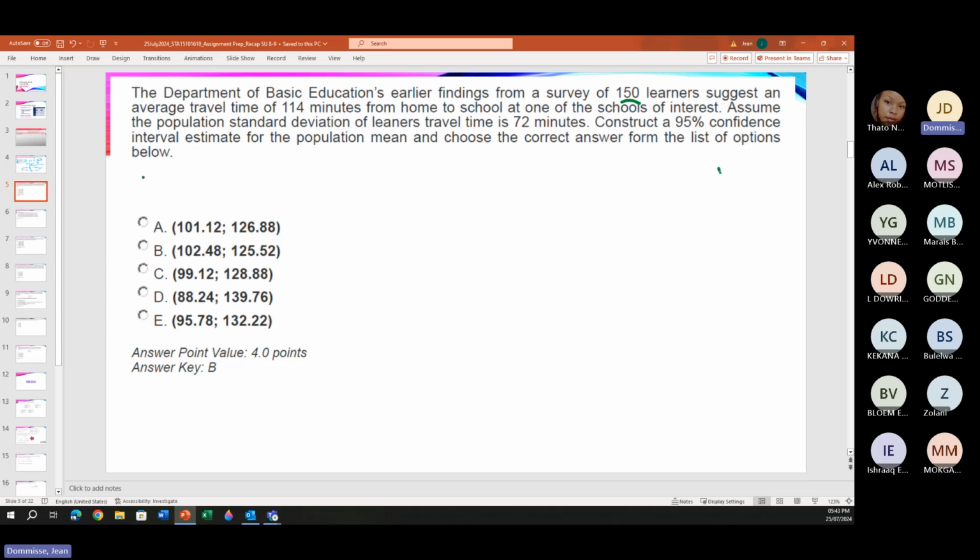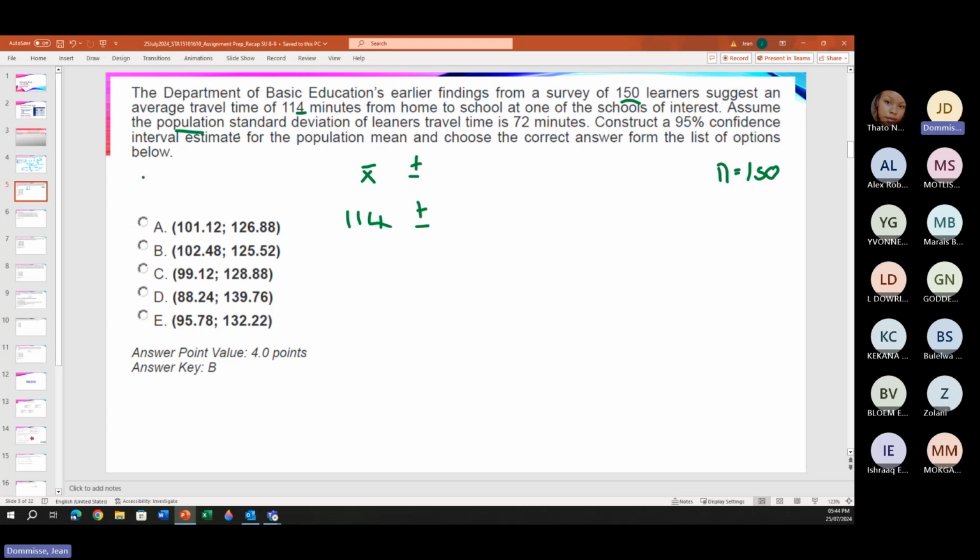So we know what N is. Suggest an average travel time of 114 minutes. So when we put our formula together, we know that we are looking at 114 as the mean that we're working with.